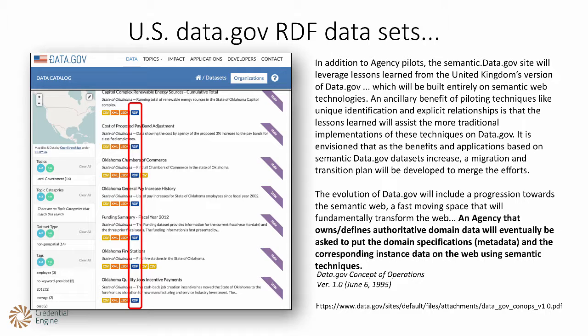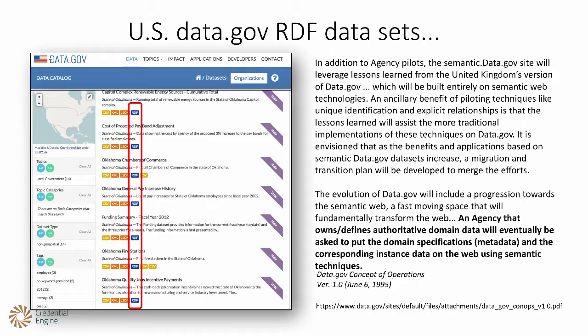I just want to note that there is a huge movement. We always want movements to move faster than they do. But here we see a page from US data.gov. And if you're European, the United Kingdom and others in the European countries have corollaries to this. This is the open data government stuff.